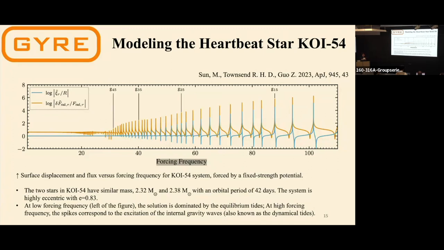I have a very related question. It's basically the same question, but in terms of maximum amplitude for the heartbeats. Because you're using linear theory, you don't really have a prediction for the amplitudes. Is there a theoretical maximum amplitude that the heartbeat phenomenon can drive? I see. We never calculated that before.